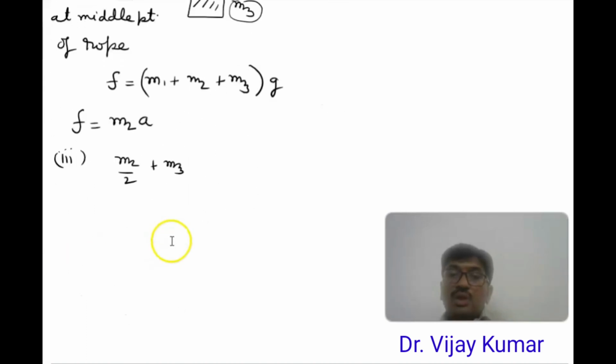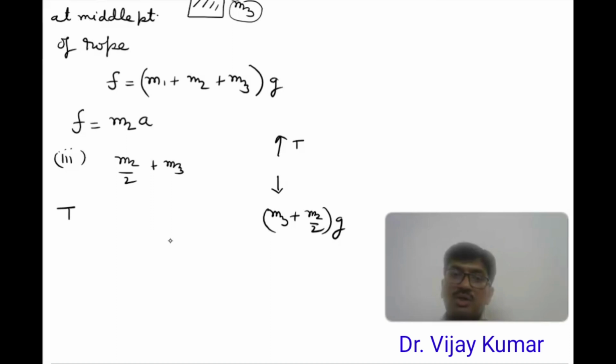In the upward direction the tension is T, and in the downward direction the weight is m3 plus m2 by 2 into g.